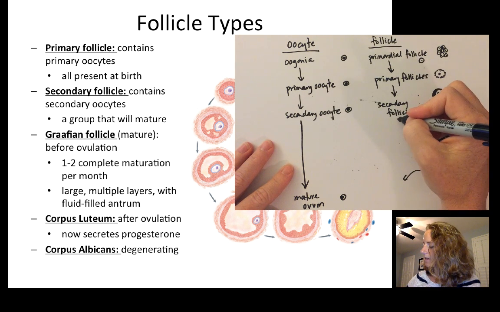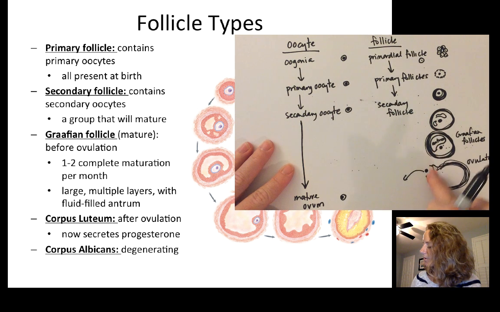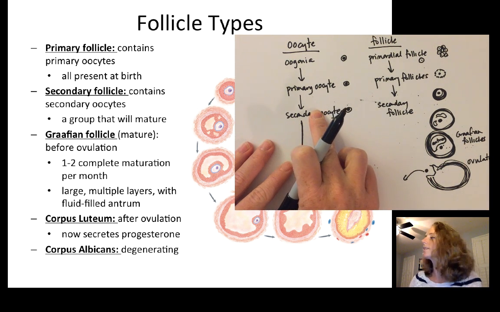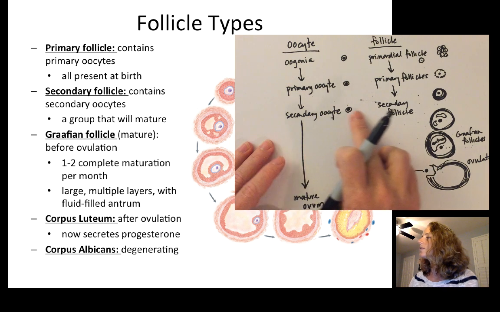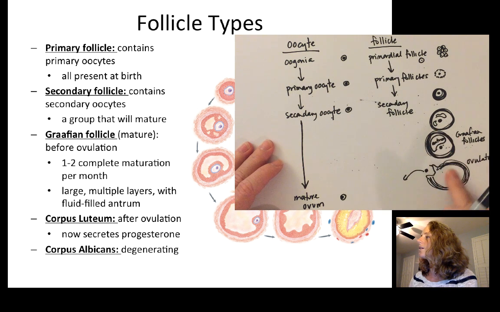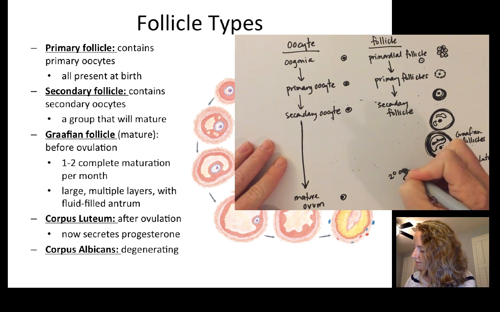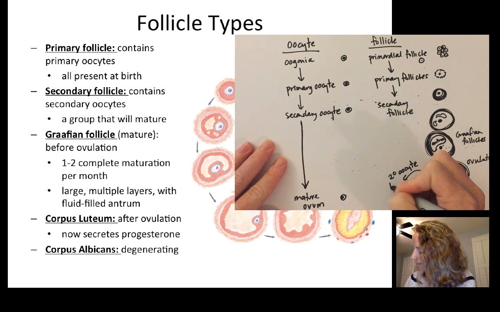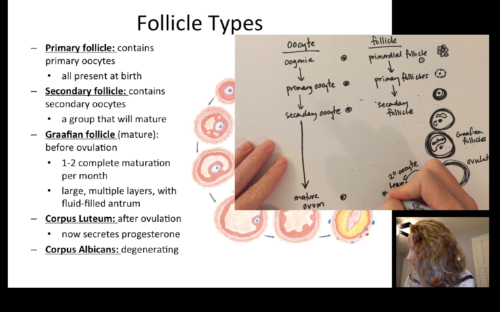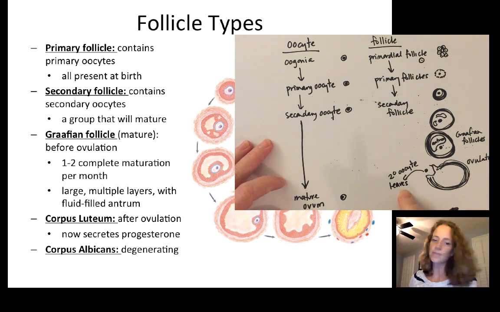These are all secondary follicles with secondary oocytes until we hit a Graafian follicle, but it's still a secondary oocyte. So these all contain secondary oocytes, and it is the secondary oocyte that leaves and looks for sperm, or waits for fertilization.